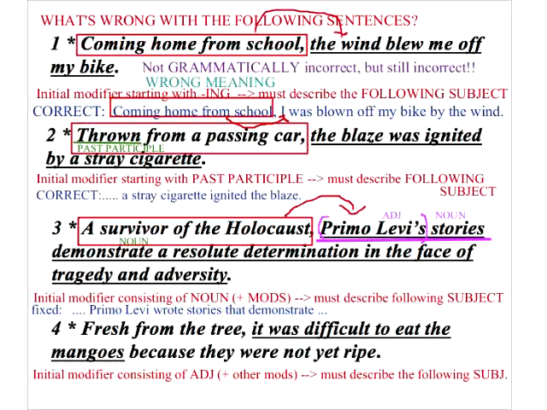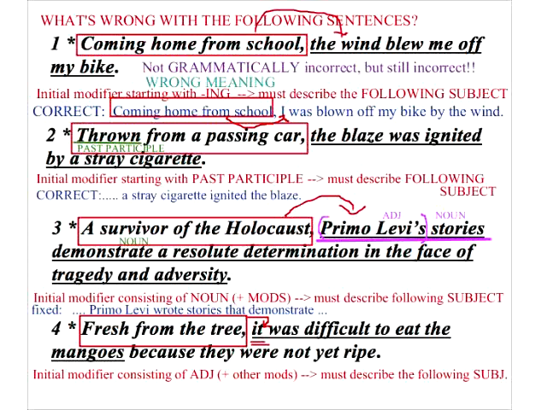So fresh is an adjective, from the tree. This is not the mangoes. This is one of those special placeholder pronouns that doesn't really stand for anything. So to fix this sentence, we need to have the mangoes here.